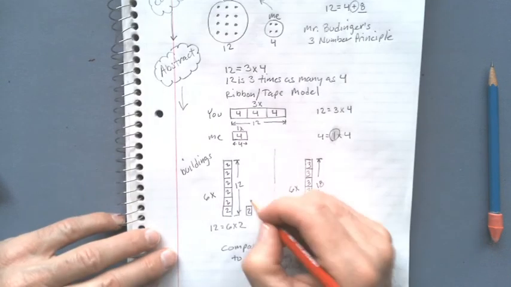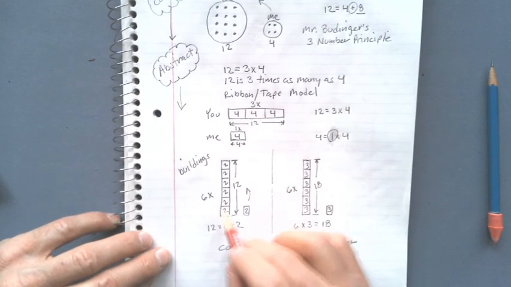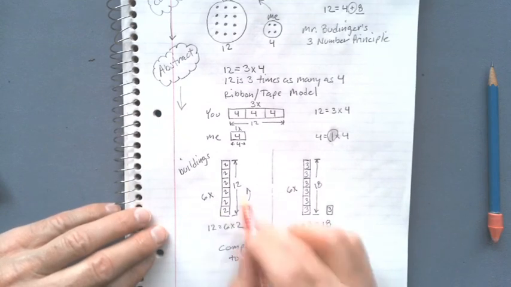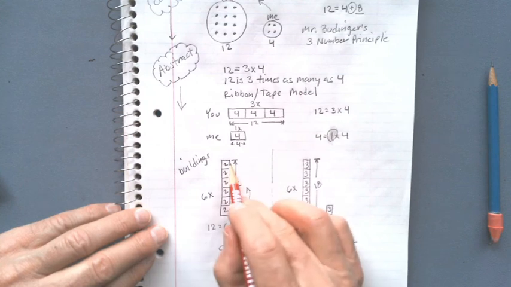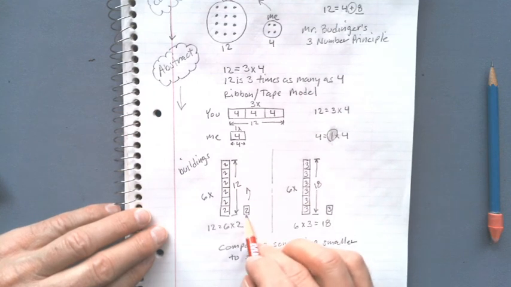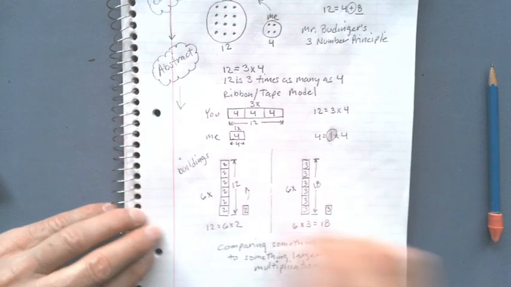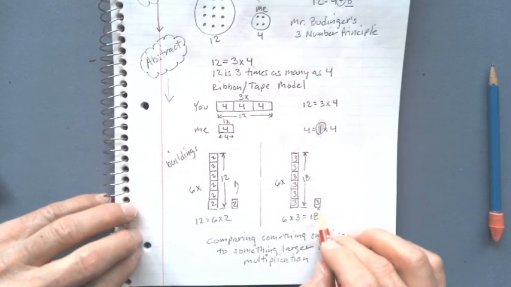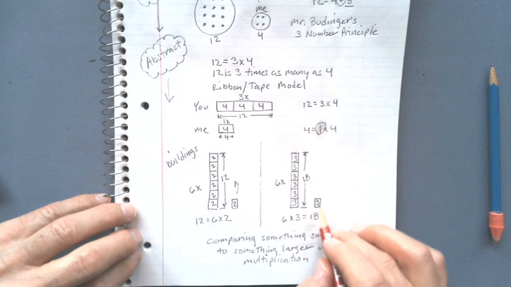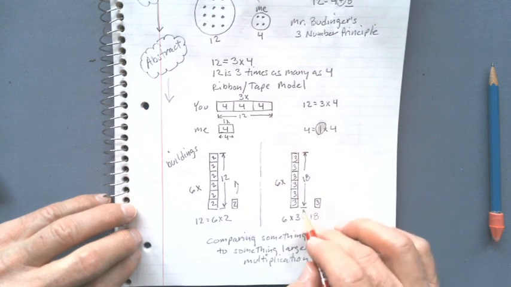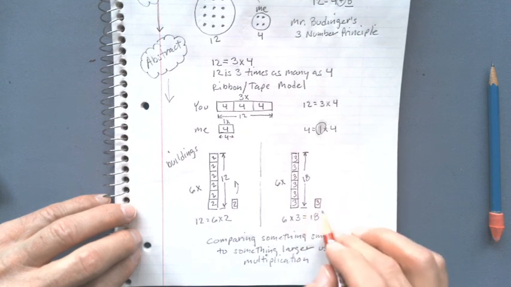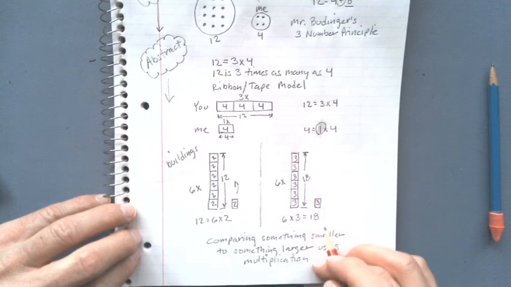So we're always going from something smaller to something bigger, and we're saying, how much bigger is this? And we aren't using addition, we're using multiplication. This is 6 times taller than this. This was 2, so 6 times taller is going to be 12. This is 6 times taller than this. We use 3 here, so it's going to be 18. So 6 times taller than 3 is going to be 18.